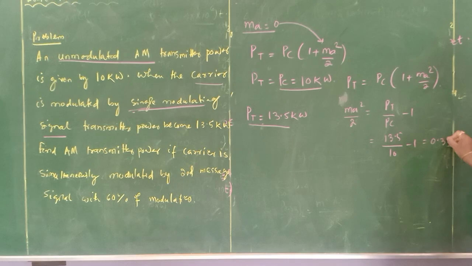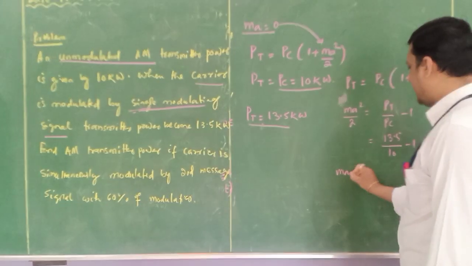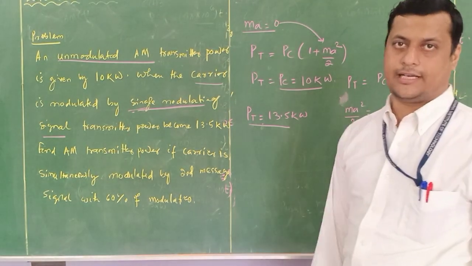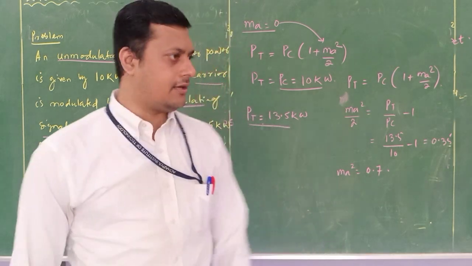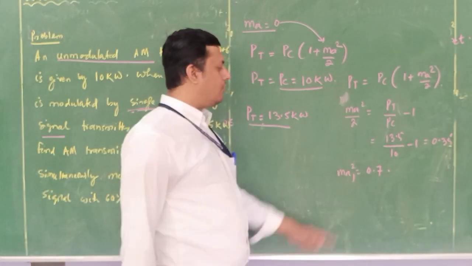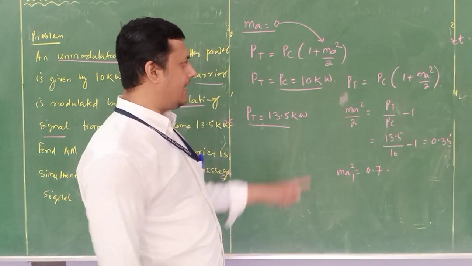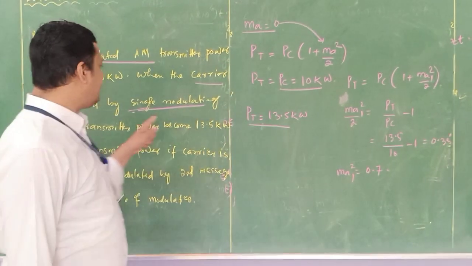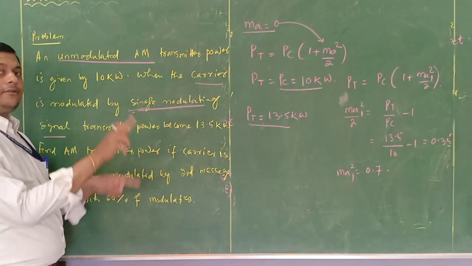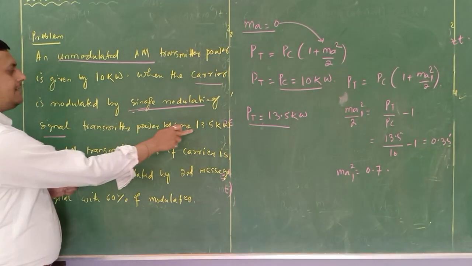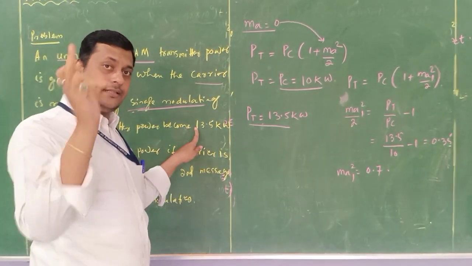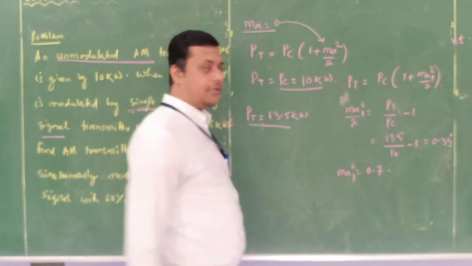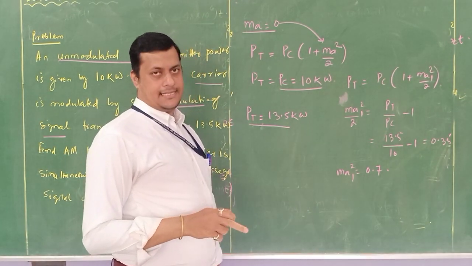So it is 0.35, or MA² is equal to 0.7. So this is the first modulating signal's modulation index, MA1² = 0.7. As it was stating, first it is modulating with the first signal with transmitted power 13.5, carrier power is 10. So the modulation index squared for the first signal is 0.7.